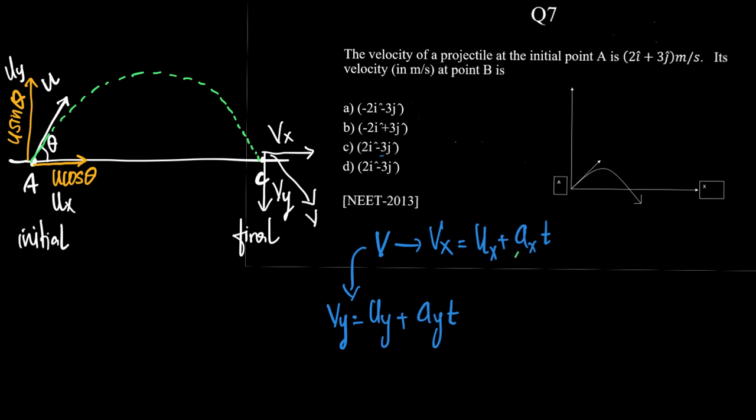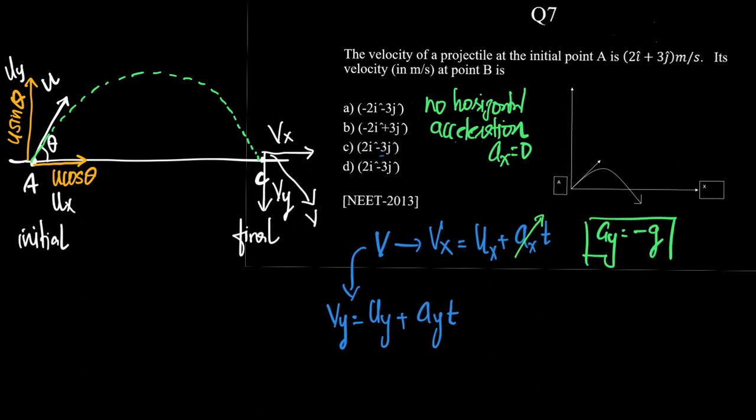Now we know that ax is equal to 0, because there is no horizontal acceleration. And we also know that ay is the negative acceleration due to gravity. ay is minus g, which means vx is equal to ux. So when we say vx is equal to ux, in the final position, what is the vx here? vx here would be equal to ux.